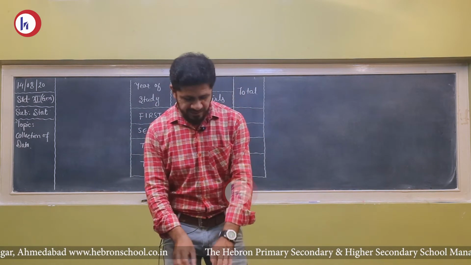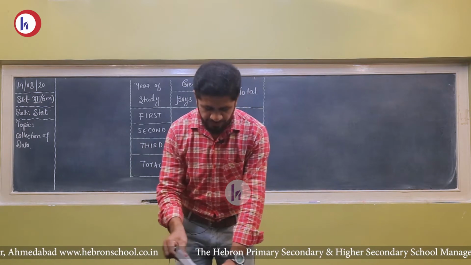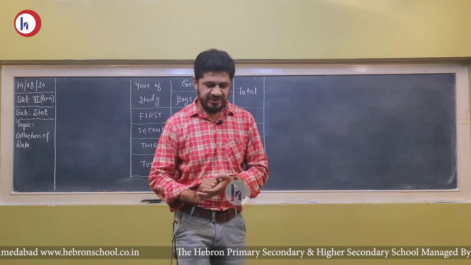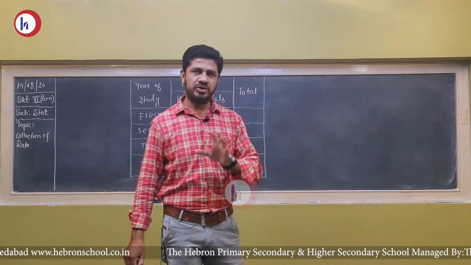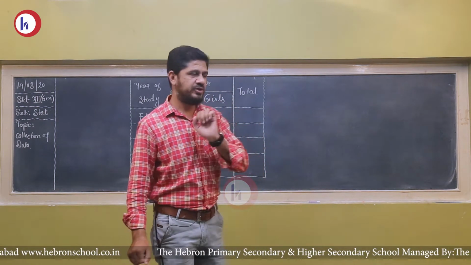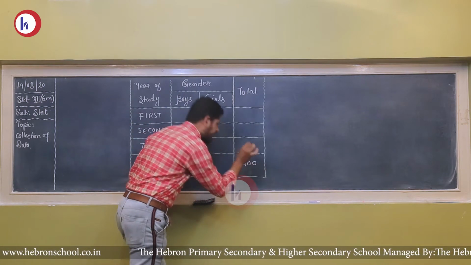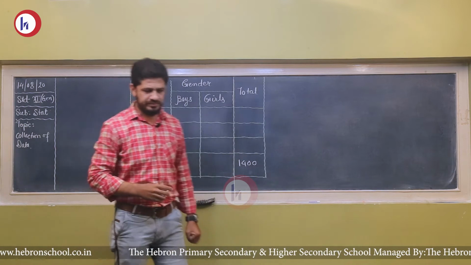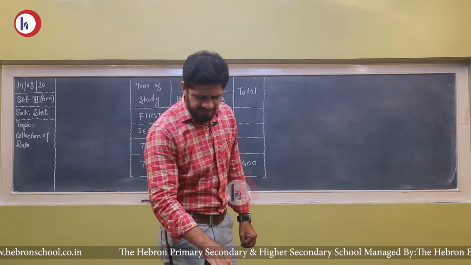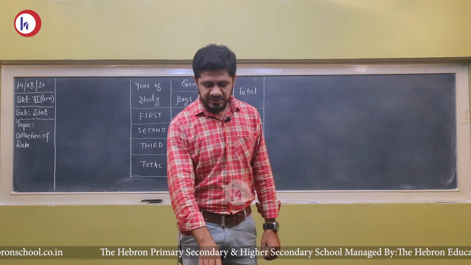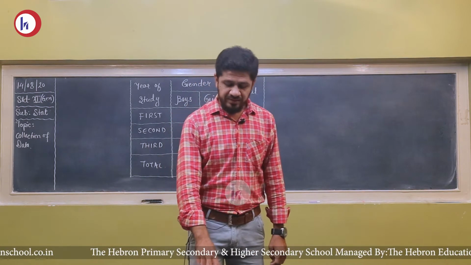So let's fill all the data into the tabular form. There were 1400 students studying in a commerce college. So this is the total number of students studying in the college. We represent that value in the last column. Now, among them 855 were boys.